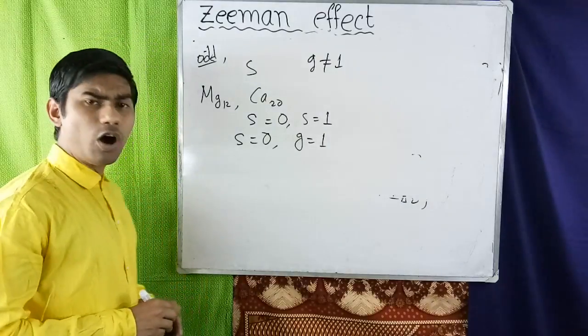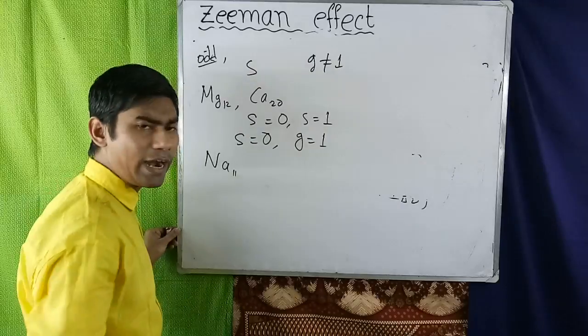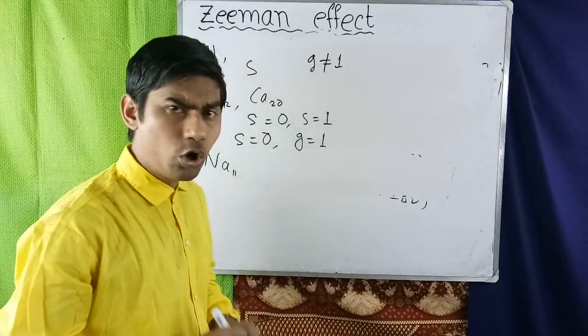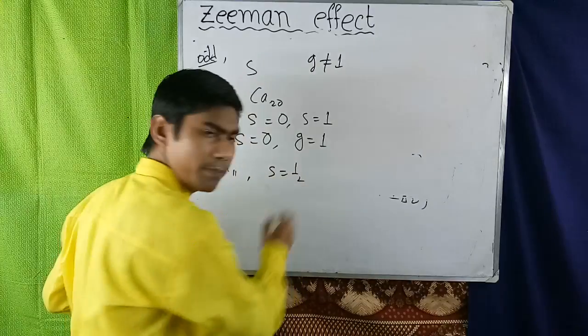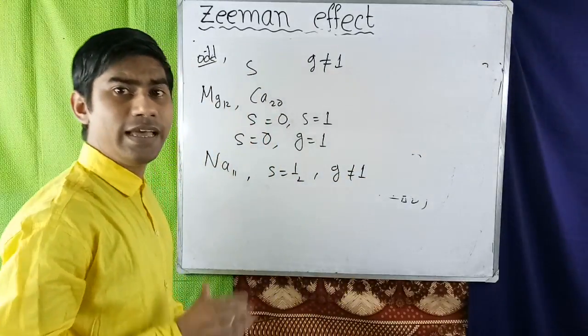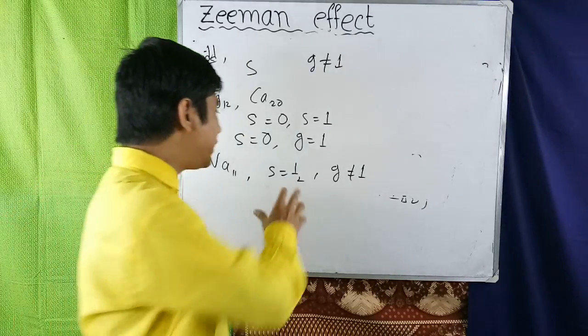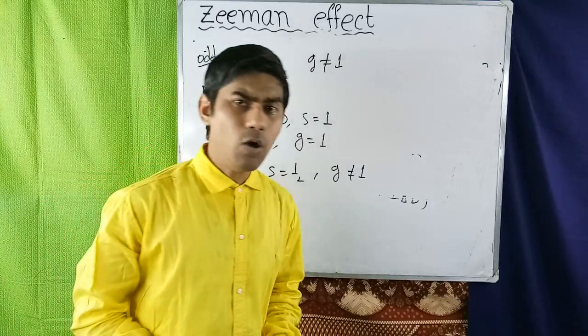Now the number of optical electrons for sodium 11 atom is 1. So for sodium 11 atom, S equals to half, and so g does not equal 1, and so the sodium 11 spectrum shows anomalous Zeeman effect.